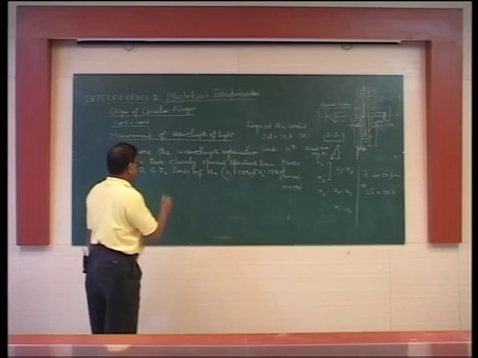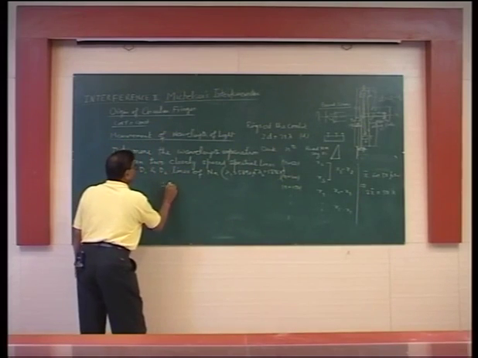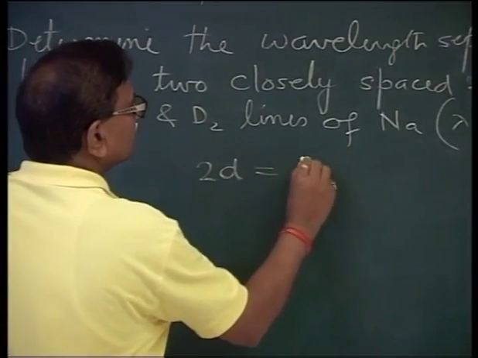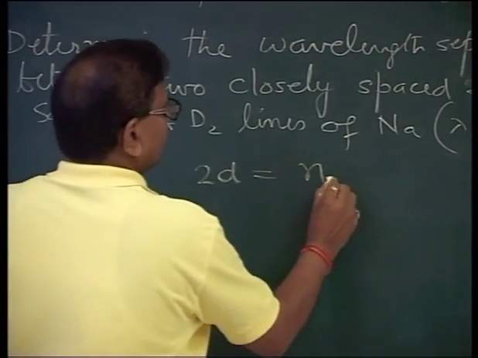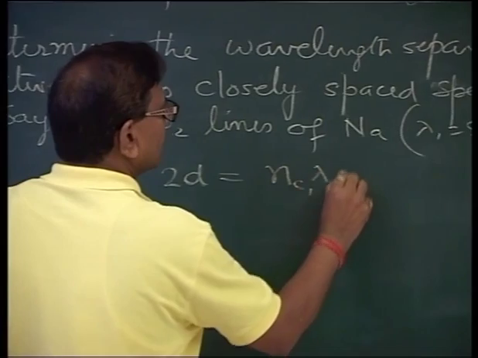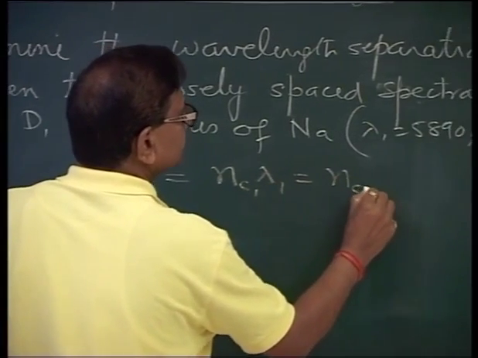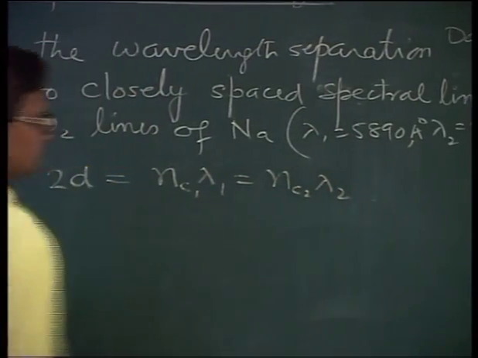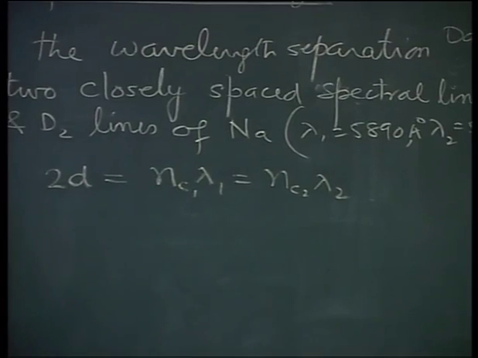Say in the first case, 2D is equal to NC1 lambda 1 is equal to NC2 lambda 2. This is the first best contrast.